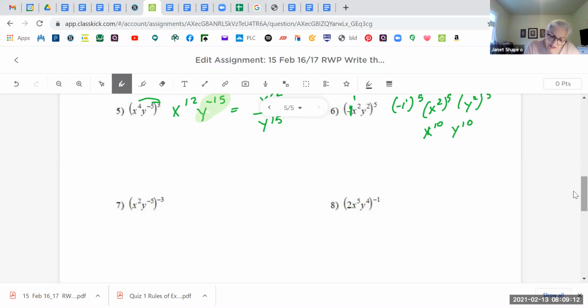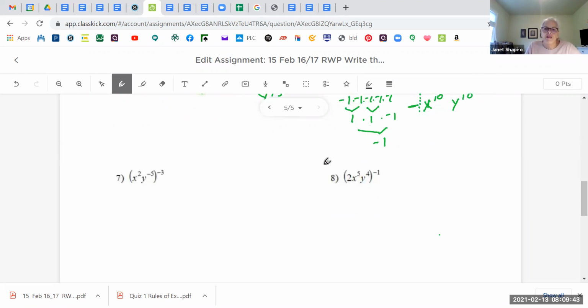This negative 1 to the 5th power, that's negative 1 times negative 1 times negative 1. Right? Negative 1 times negative 1 is 1. Negative 1 times negative 1 is 1. And we have a negative 1 hanging out at the end here. So when we multiply all of that, we end up with a negative 1. We just have to write the negative in our answer. We could write the 1, but you don't need to.